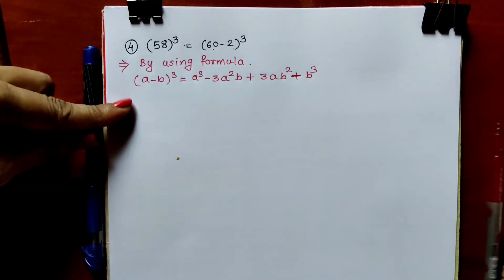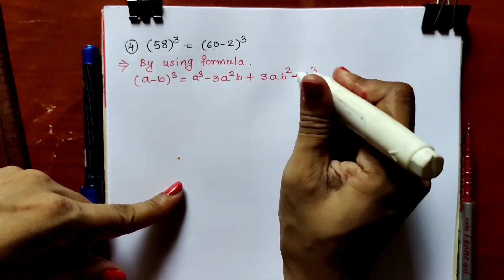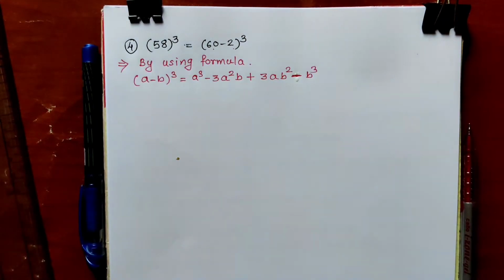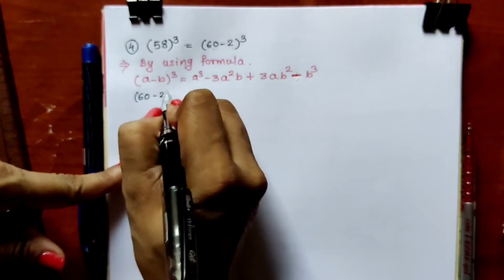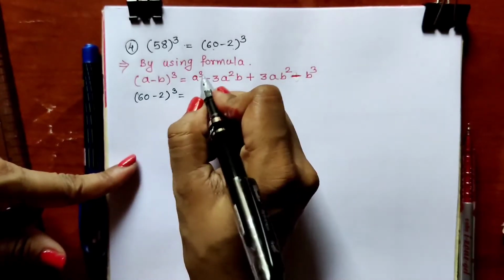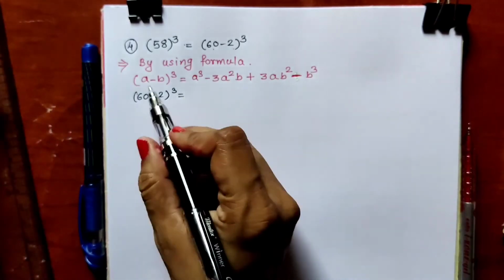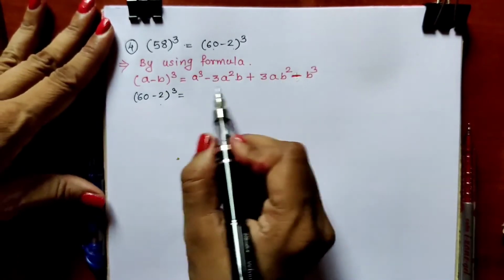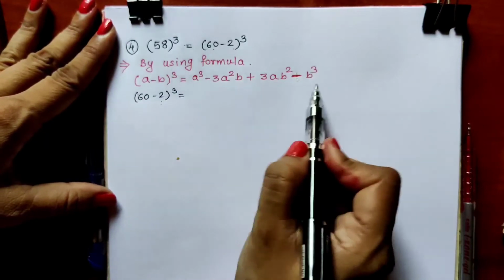I should write minus here. In this way we will have to write the formula first. After writing the formula, we will write this sum, 60 minus 2 whole cube. So our a is 60 and b is 2. So in place of a we will be writing 60 in the expansion, and in place of b we will be writing 2 in the expansion.